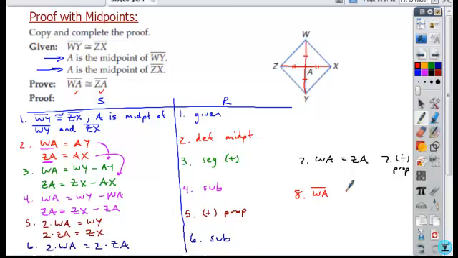Their segments are congruent. And I can defend that using either definition of congruence, or you can use the common notion that things that coincide are equal to one another. A definition of congruence is going to be what you'll most likely see on the multiple choice part of proofs that you'll be exposed to.